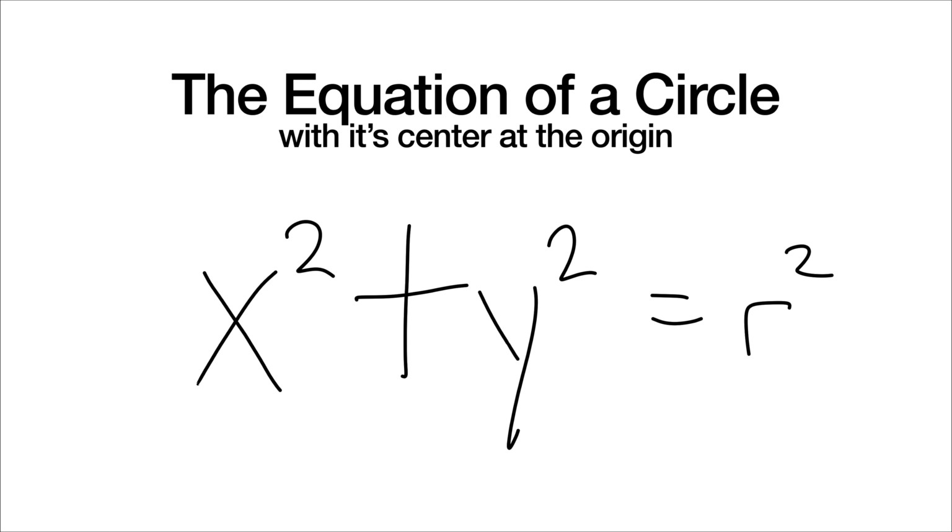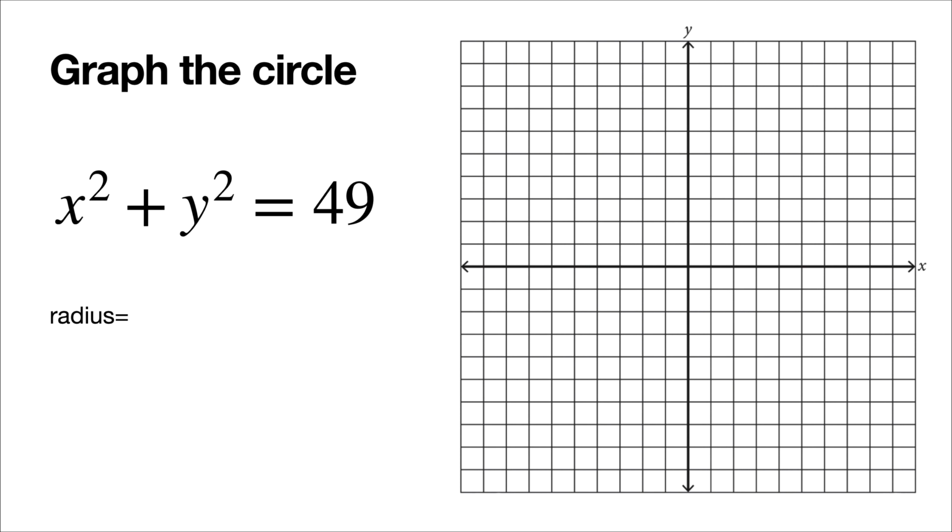All right, so let's try graphing a circle. In this case, it says x squared plus y squared equals 49. So to find the radius, we take the square root of 49, which is 7. And we're starting from the center.